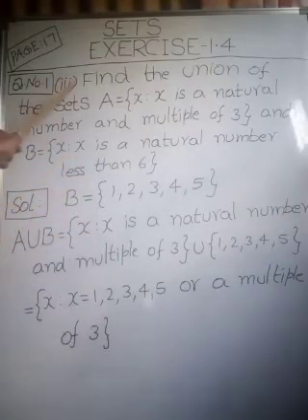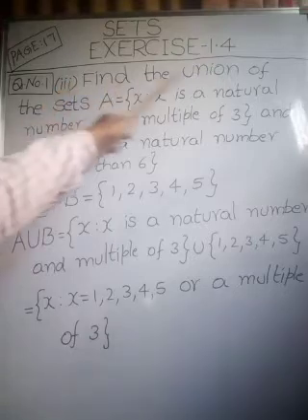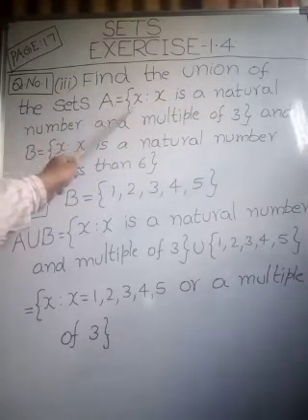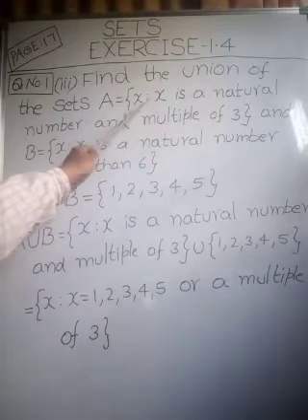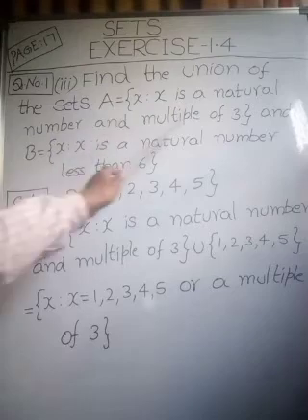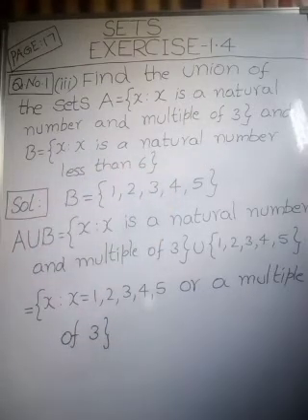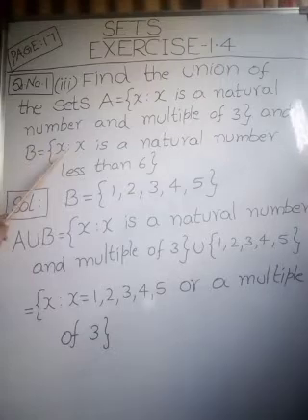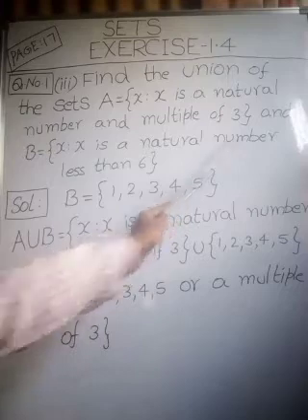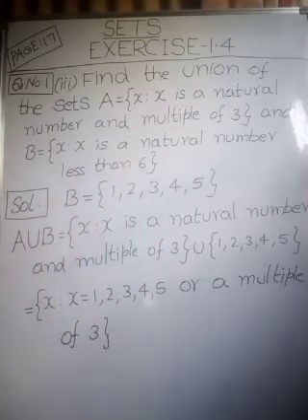Now come to the next question, that is the third one. Find the union of the sets A is equal to the set of all x such that x is a natural number and a multiple of 3, and B is equal to the set of all x such that x is a natural number less than 6.